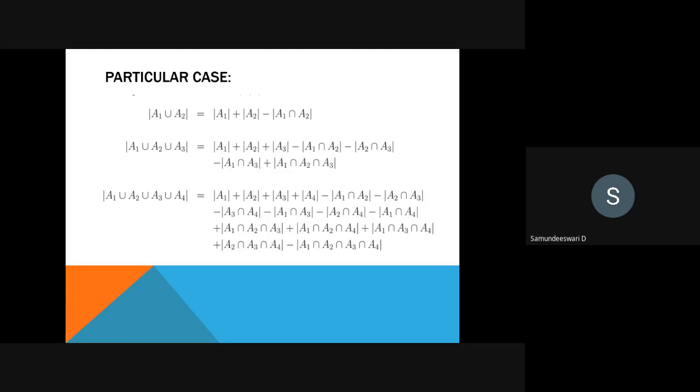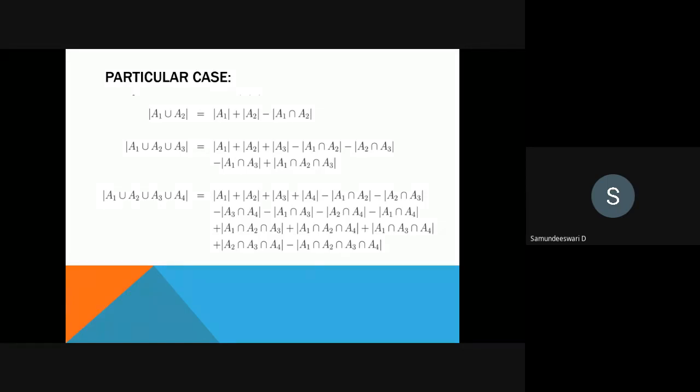So when you see the three sets A1 union A2 union A3, first I write the single sets, that is modulus of A1 plus modulus of A2 plus modulus of A3. Then I choose a collection of two sets, that is minus A1 A2, minus A1 A3, minus A2 A3.